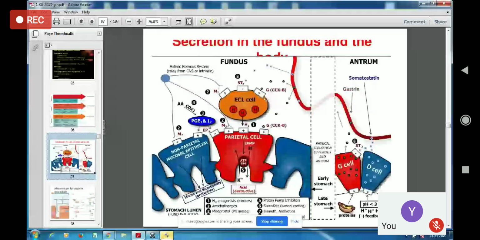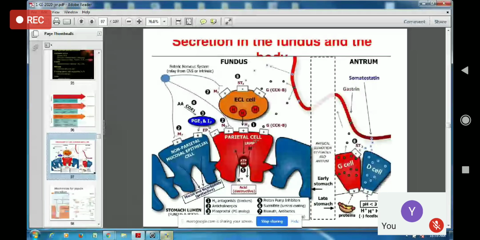And vagus nerve stimulation, parasympathetic nervous system stimulation, also causes HCl secretion. So the main thing you need to remember is the proton pump gets stimulated in presence of gastrin, histamine, and acetylcholine, whereas it is inhibited in presence of somatostatin. So this tells you about the regulation of the gastric acid secretion.